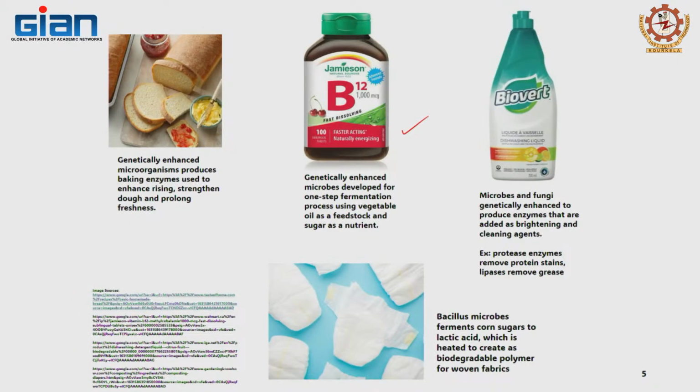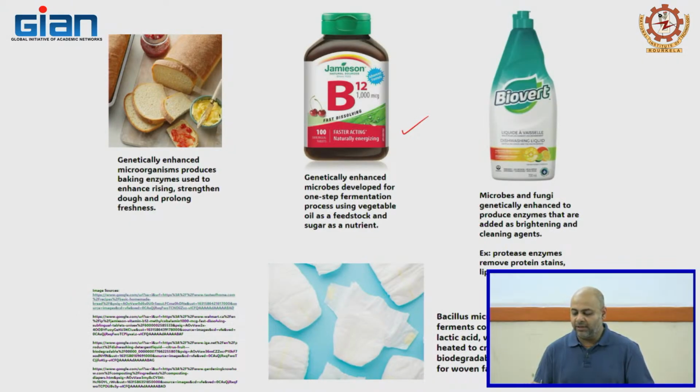We have already discussed how the enzymes will basically provide the sensory aspect to our products, right? Microbes and fungi are genetically enhanced to produce enzymes that are added as brightening and cleaning agents. We did discuss that: the protease enzymes and the lipase enzymes. The lipases are mostly used to remove grease.